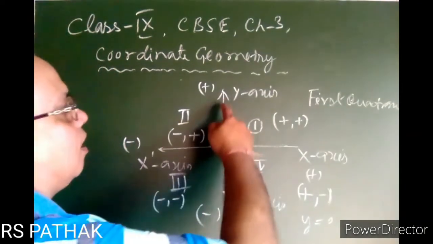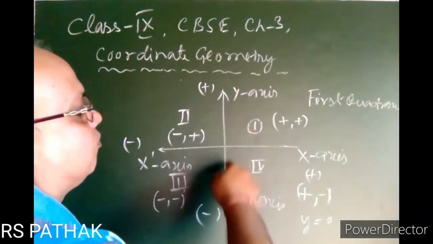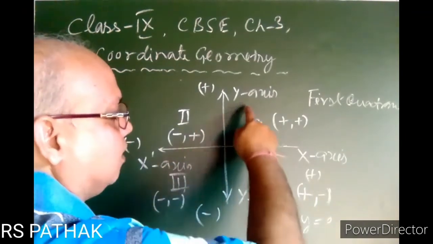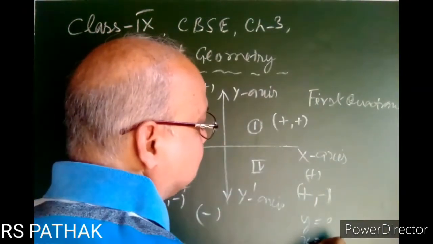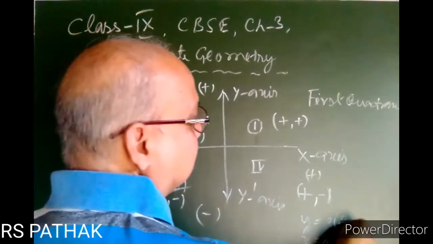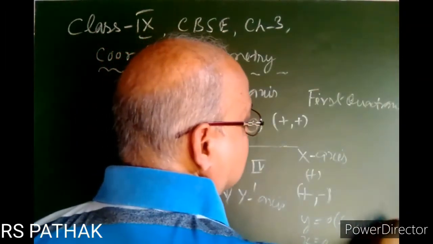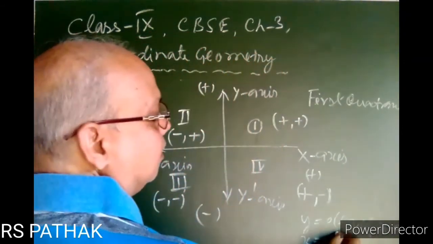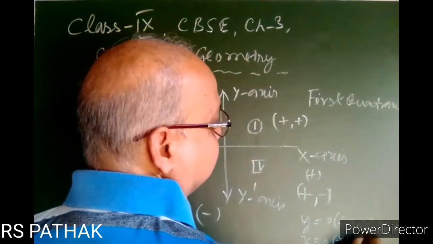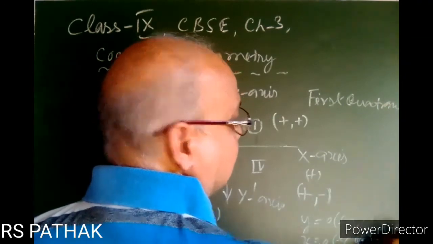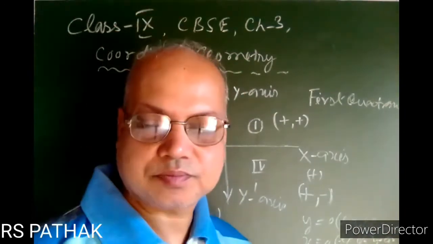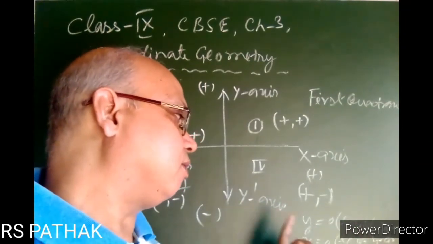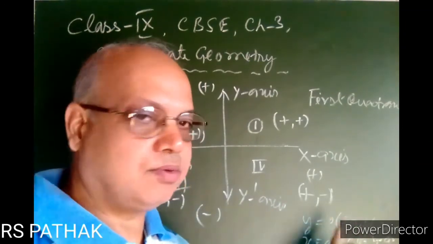The equation of the line x-axis is y equal to 0. What is the equation of the y-axis? The y-axis is a line, and its equation is x equal to 0. So y equal to 0 is the equation of the x-axis, and x equal to 0 is the equation of the y-axis.